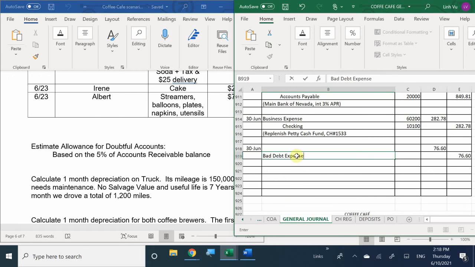And bad debt expense, and what's my credit account going to be? 65000. And we're taking it from our accounts receivable.